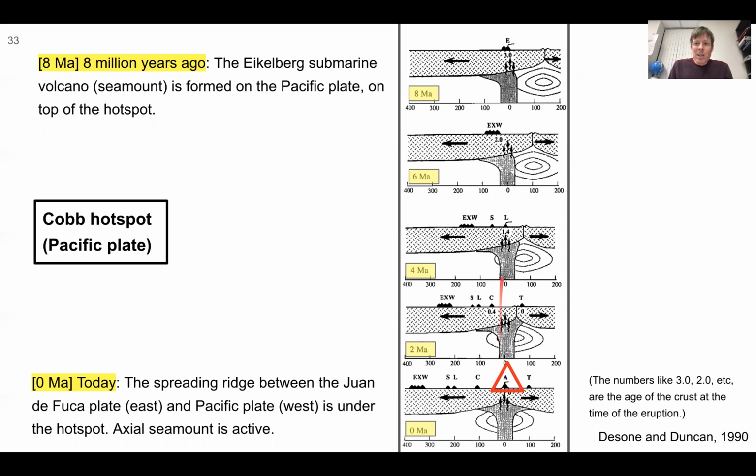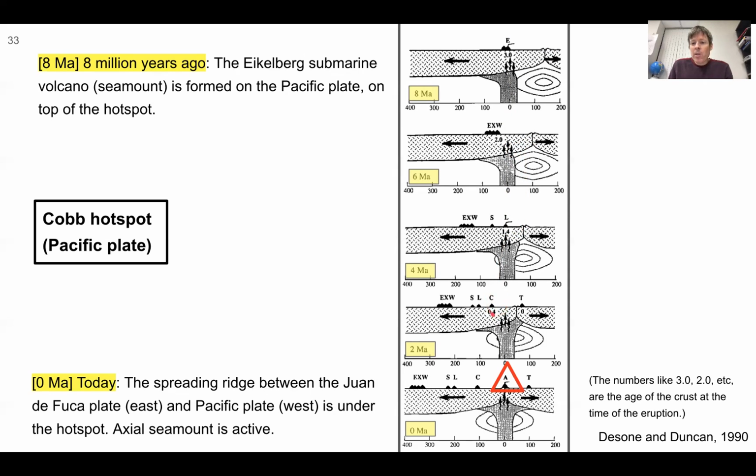So it's kind of easier to understand in the past. At 8 million years ago, here's the spreading ridge off to the side. Here's the hotspot, and we see this Eichelberg submarine volcano would have been active at this time, formed on the Pacific plate on top of the hotspot. And as time has gone on, the ridge is also moving with respect to hotspots. You can see it getting closer and closer.